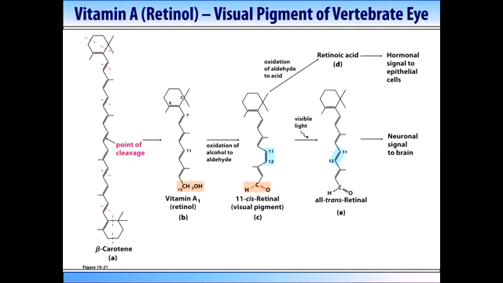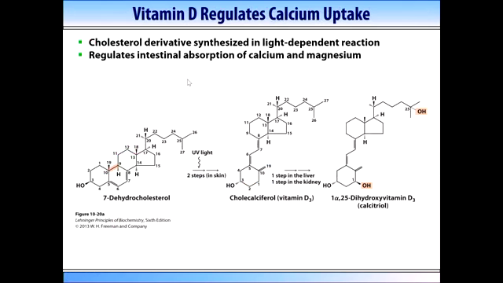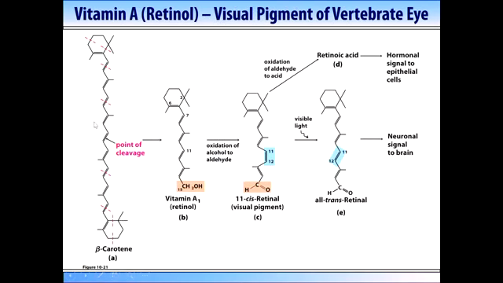Vitamin A, or retinol, the visual pigment of the vertebrate eye. Basically vitamin A is a half of the molecule of beta carotene. So do you know where you can find this beta carotene? Huh? Carrots, exactly. And why are these carrots usually served with the dip? Well, because it's tasty. That's a good reason, right?